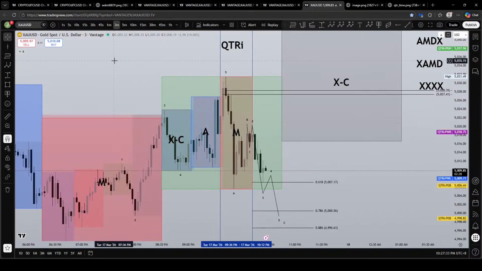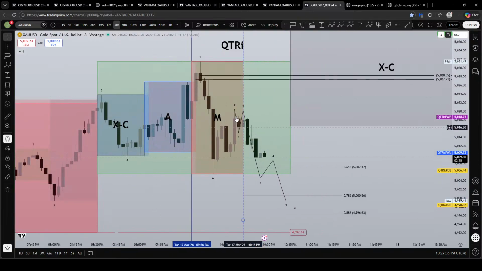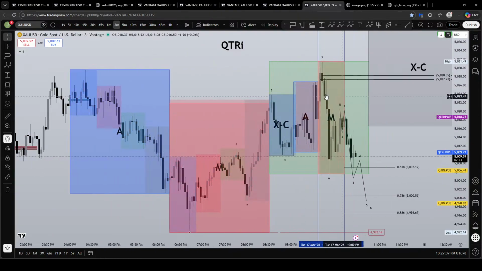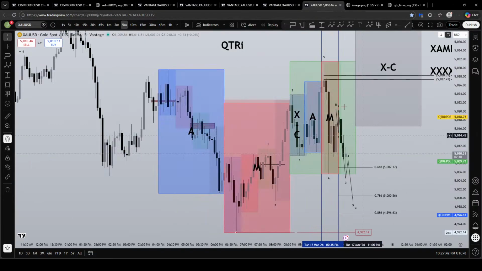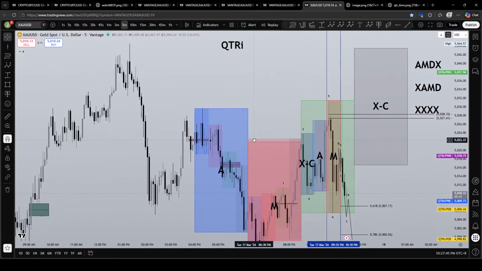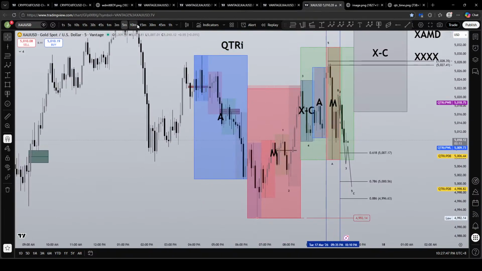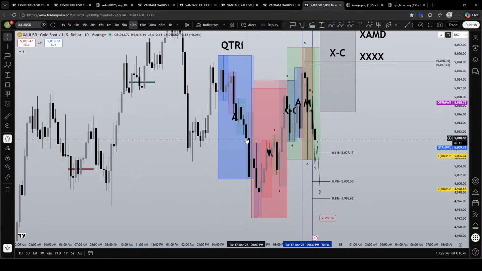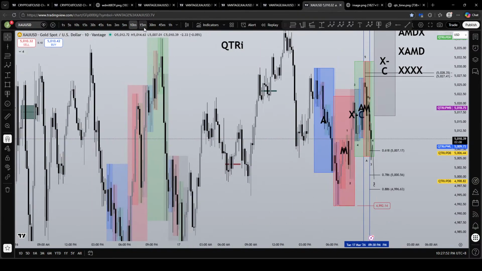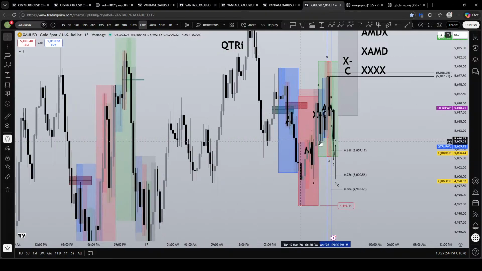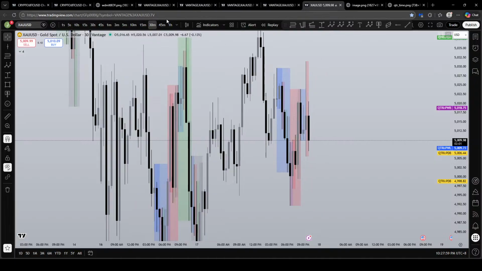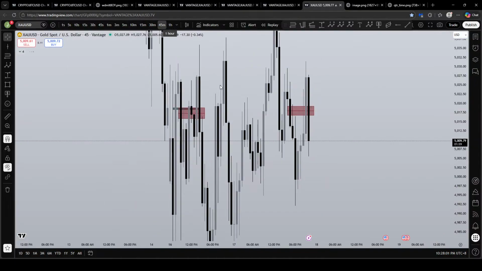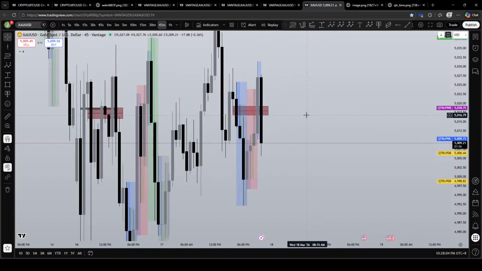At the 3 minutes time frame, there's no implied fair value gap within the QTR window. At 5 minutes time frame, there's none as well. At 10 minutes, none. 15, none as well. 30, let's just scan. 45, there was a bearish implied fair value gap, but it was body broken.